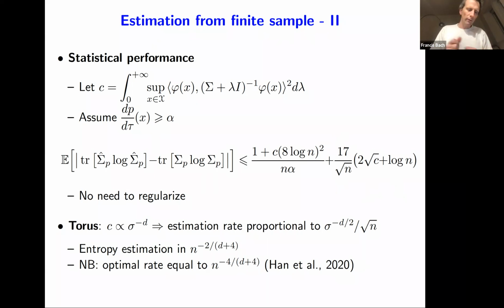Of course you have a price to pay: you're not going to see small scale differences with MMD or with this. You cannot have an estimation rate in 1/√n and look at fine details. There's a price to pay. Okay, thanks.